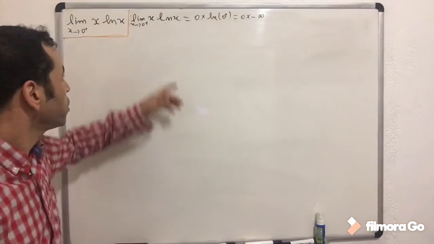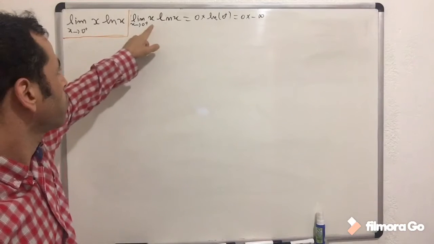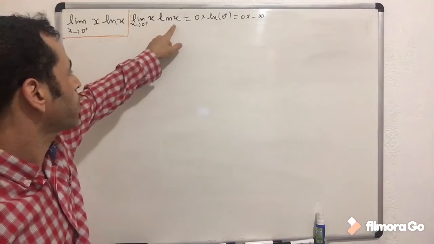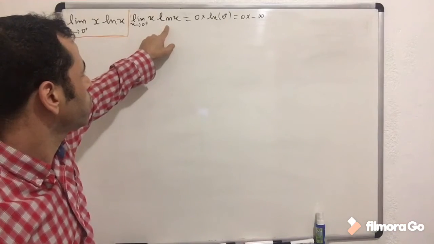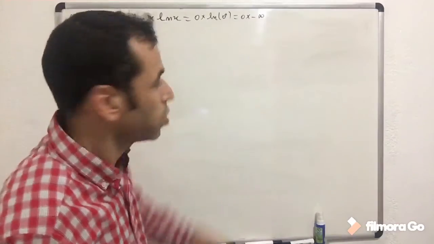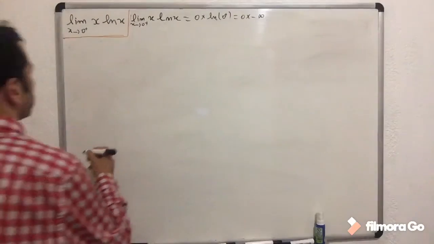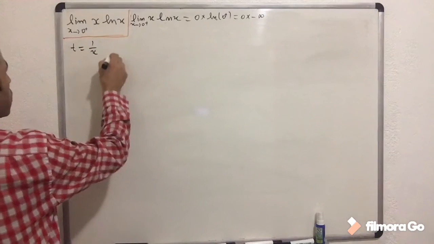But in this case, we don't have a fraction f(x) over g(x). We have a product: x multiplied by natural log of x. So how do we transform this into a fraction? Let's make a substitution. Let t equal 1 over x.